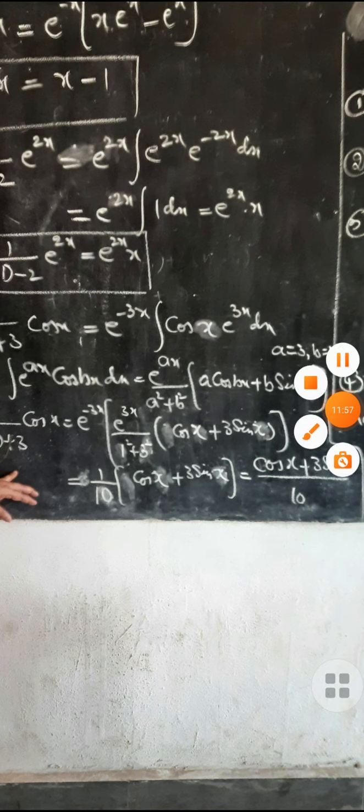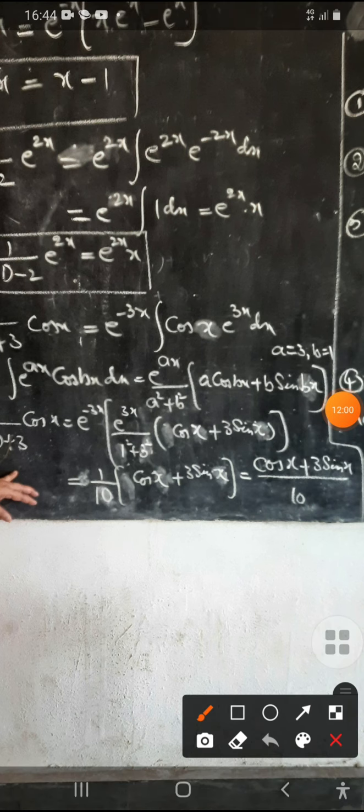It is a mistake. Here it should be 3 cos x and 1 sin x. Here it should be 3 and it should be 1 here. So (3 cos x plus 1 into sin x) by 10. I hope that is clear. Okay, thank you.